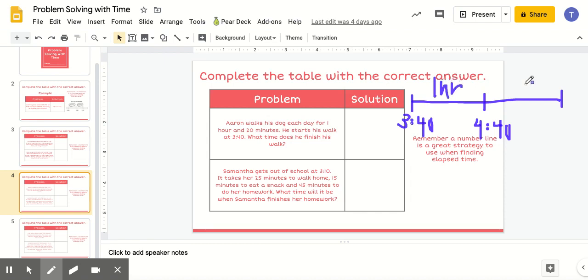Okay, and then I can't add another hour because that would be 5:40, and that's way too much time. So I'm going to count by tens until I get to that extra 20 minutes that he still has to walk. So from 4:40, if I add 10 minutes, gets me to 4:50.